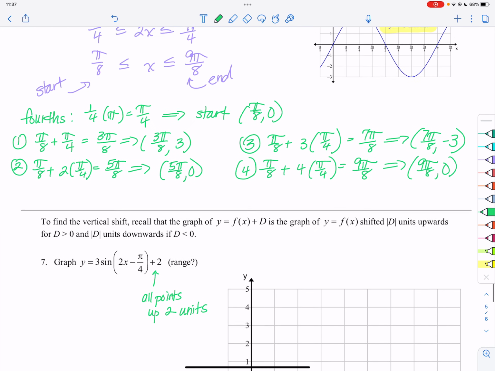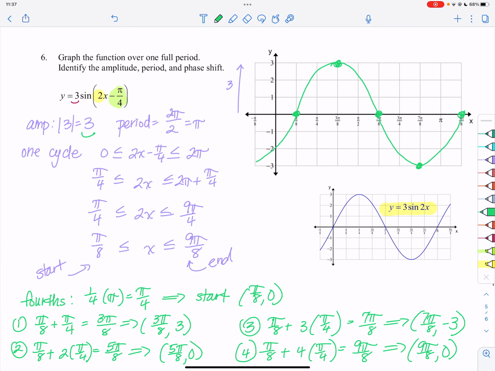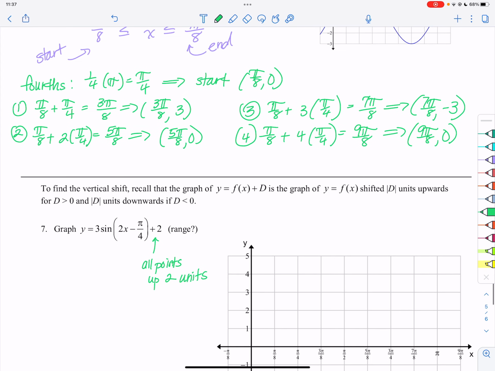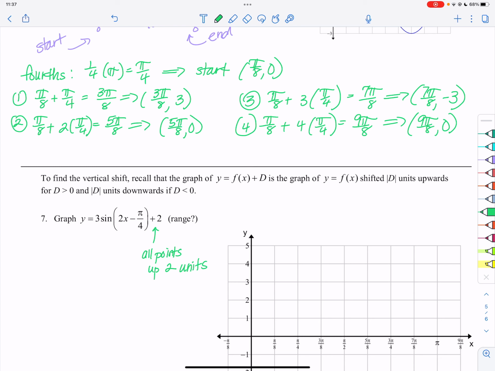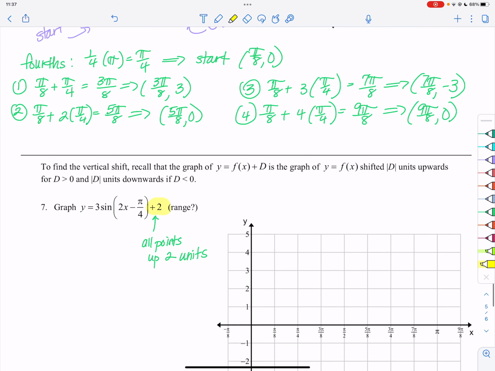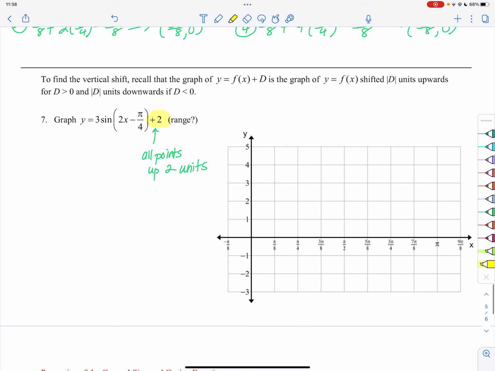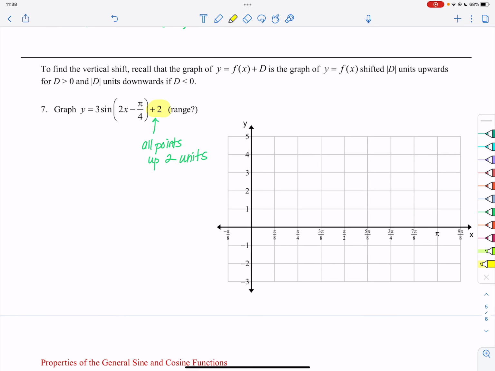Now, as you can see, this is the same graph as we had before, but all we have done now is added this vertical shift. So every one of our points that we had before, we will shift up. I'll just write one of these examples.